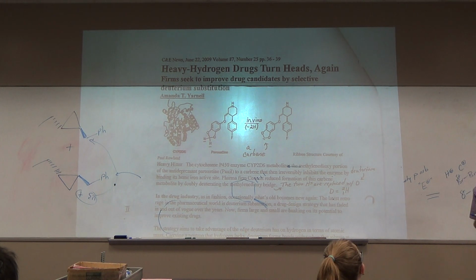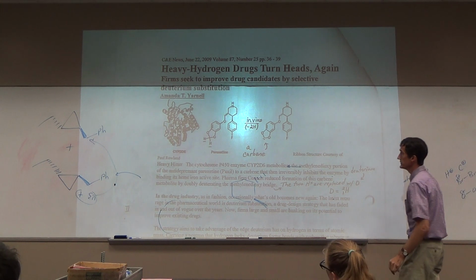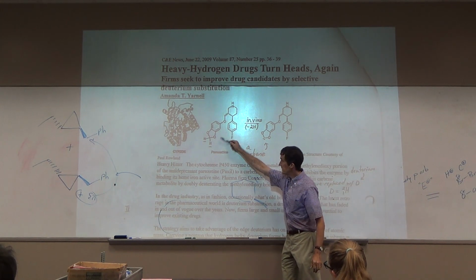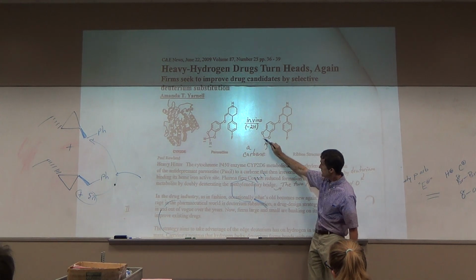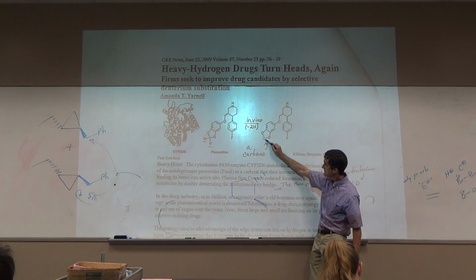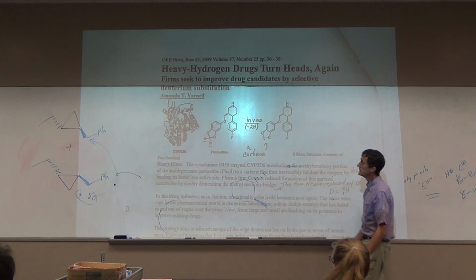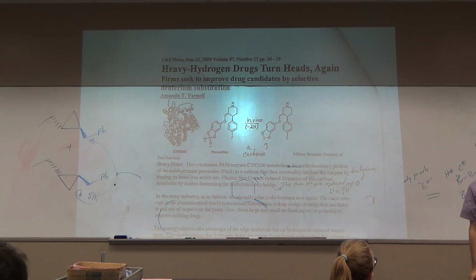Now, a lot of times in the body, you use complex enzymes, but if you can boil it down, it's a fundamental mechanism. And in the metabolism of Paxil, between these two oxygens, a carbene is formed. A divalent carbon with a lone pair, neutral, no octet.